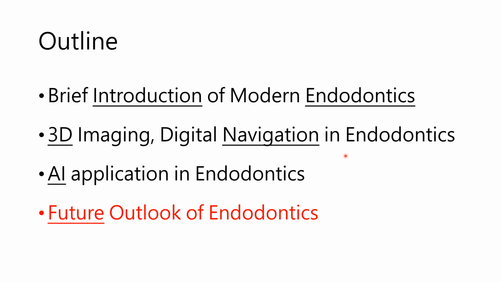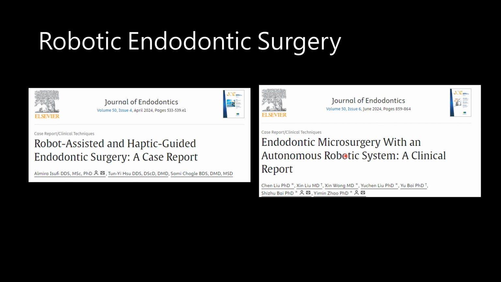So it comes to the final part of this speech, which is the future outlook of endodontics. Of course, we are going to go into robotic surgery here. Here we have different departments, and they all do robotic surgery.